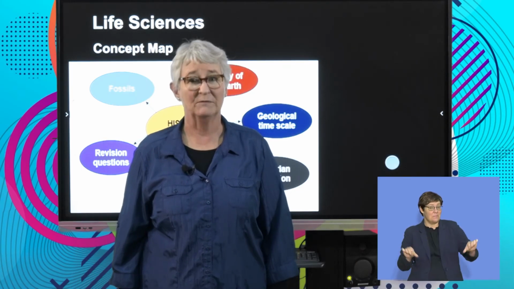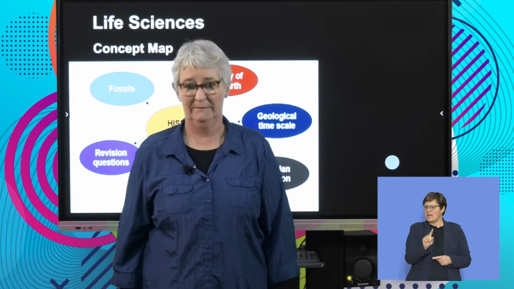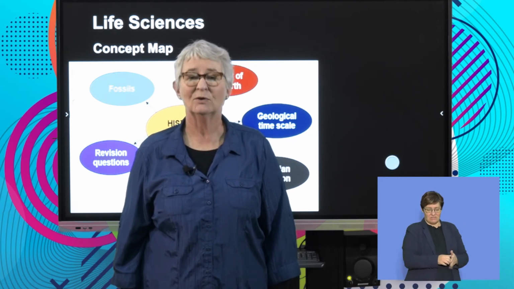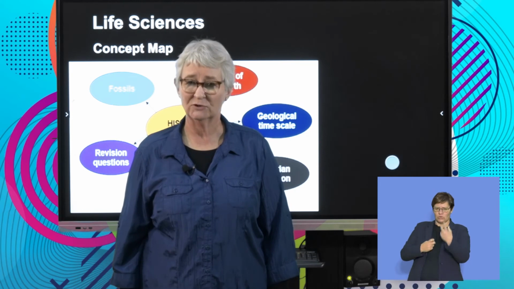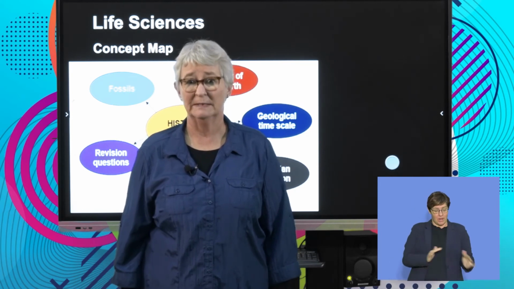Welcome back to our revision lesson on the history of life. We're going to carry on looking at some different types of questions that you can be asked on this particular section.